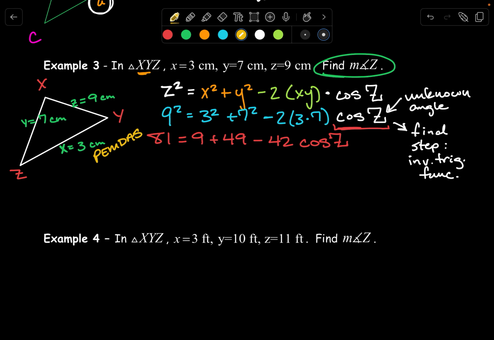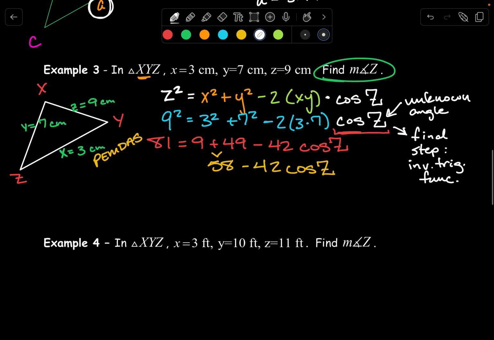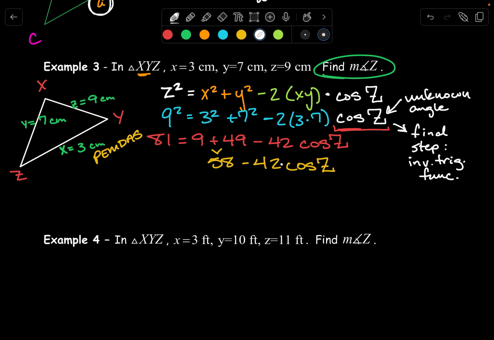A lot of people are tempted to add these two numbers together, 58, and then subtract 42. But you can't do that because 42 is currently multiplied by the cosine of Z. So these guys right here, these are bonded together. You cannot do anything with them right now.